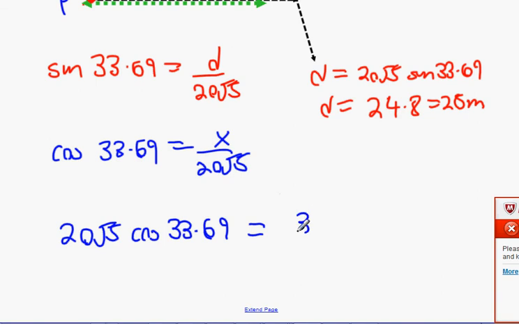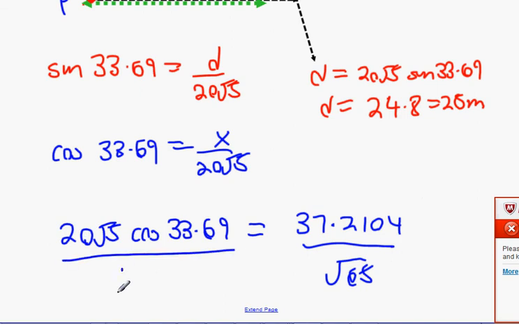Don't round it off for a minute. 104, right? We're going to divide that by root 65. Distance divided by speed. Or you could have just put the root 65 underneath the original equation if you wanted. And what does that come out to be? 4.6 seconds. That's exactly what we're looking for.